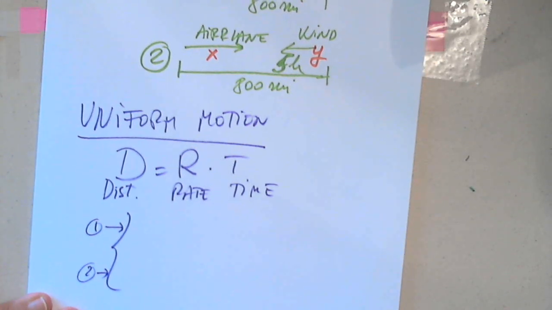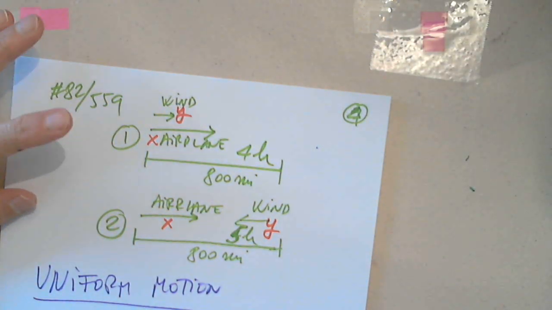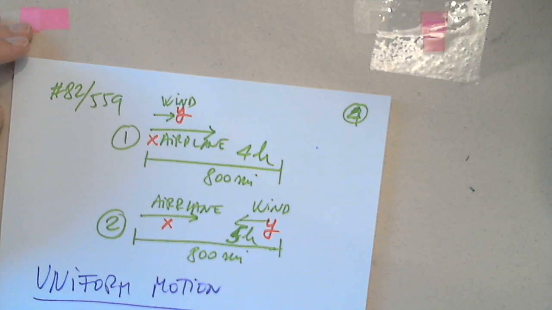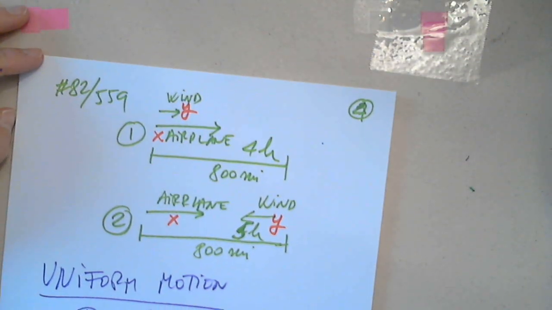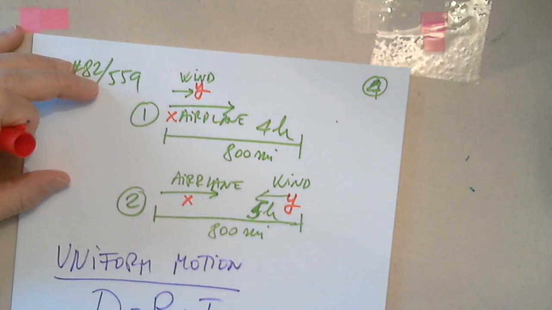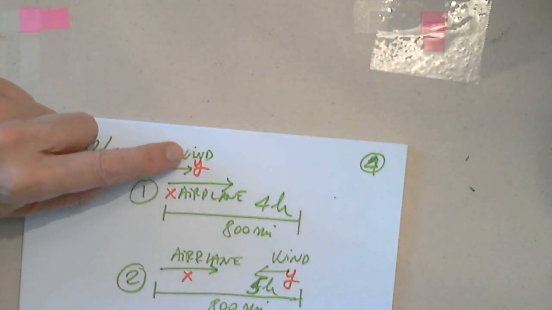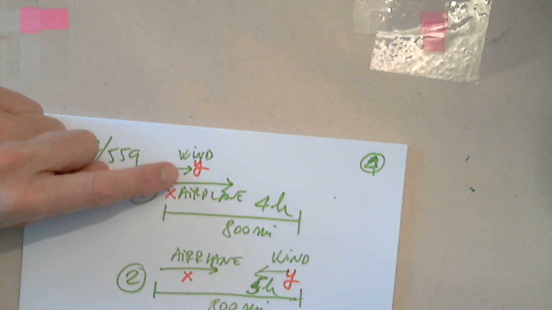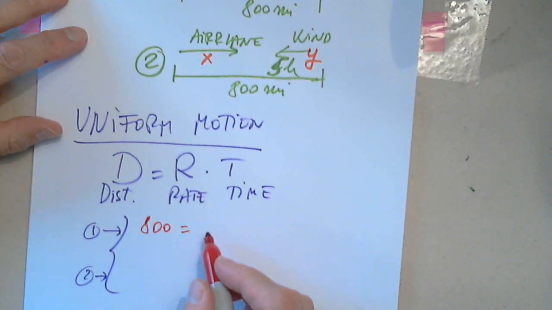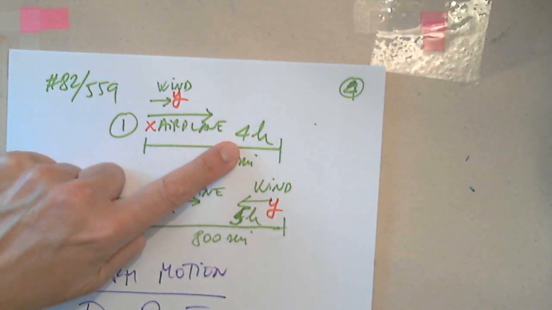So can anyone give us an equation for the first scenario? The distance is 800. The rate has to be the combined rate, by increasing this rate with the wind rate or speed. And the time is given to us as 4 hours.